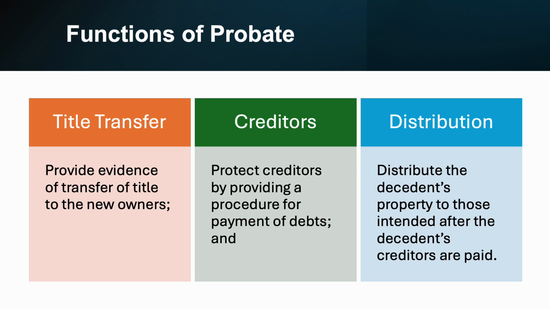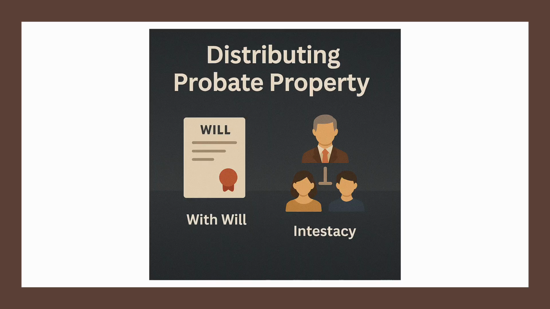Finally, probate distributes the decedent's property to those intended after the decedent's creditors are paid. So the first step is determining whether or not the property is probate property. Let's say we determine that an asset is probate property.